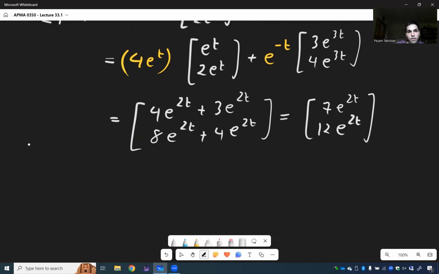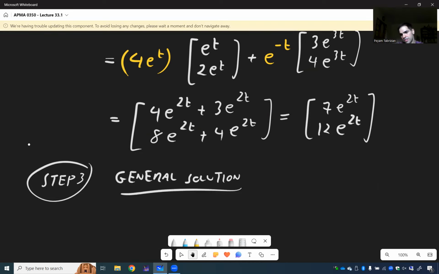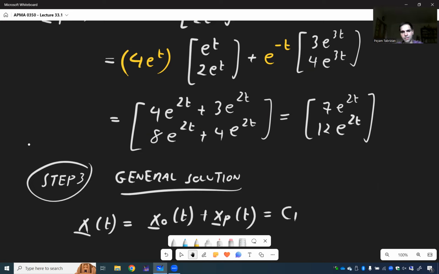So here we found a particular solution, and then for the general solution, we just need to add this to the homogeneous solution. So x of t is x0 of t plus xp of t. And again, which was c1, let me write it on a new line.